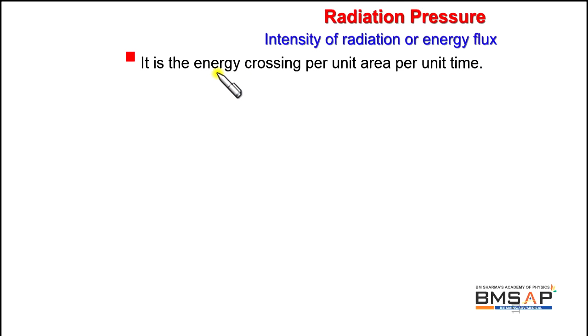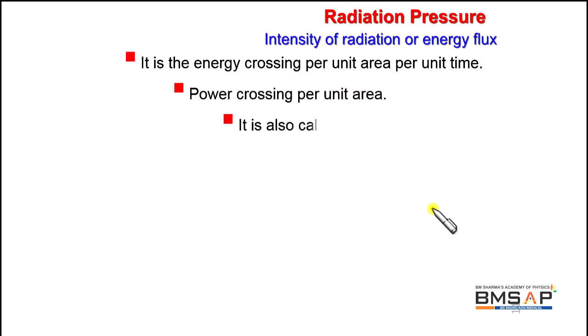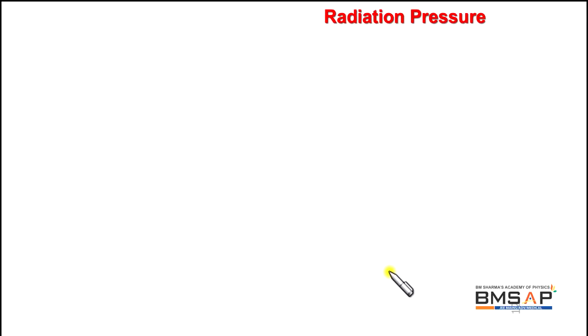You can observe here, energy crossing per unit time is nothing but power. That means it is also the power crossing unit area, and this term is also called the energy flux. So now it is clear about the energy flux or intensity of the radiation. Now we will frequently use this term, the intensity of the radiation. So let us now develop the definition, or expression, for the radiation pressure.